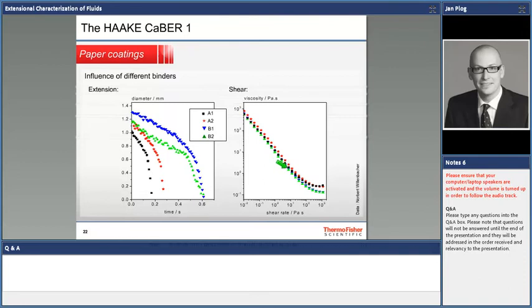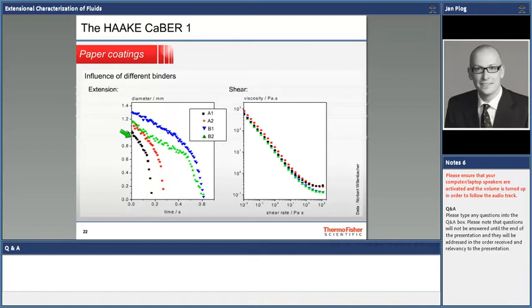However, when you do it in the CABER experiment, and I'm going to dive into some more detail why the extensional behavior is more sensitive towards differences in, for instance, molecular weights of polymers or even molecular weight distributions. You see severe differences between the sample that does not work well, here the B1, towards the one that works well, an A1. So a very simple correlation of short breakup time means good formulation for a certain process.